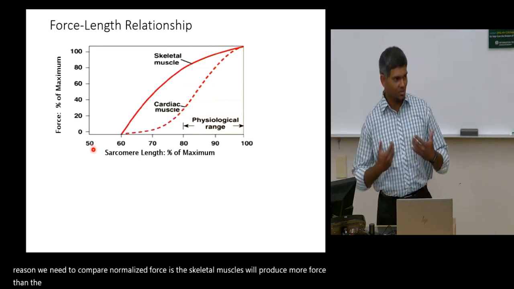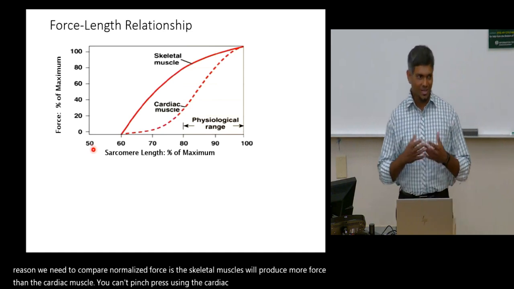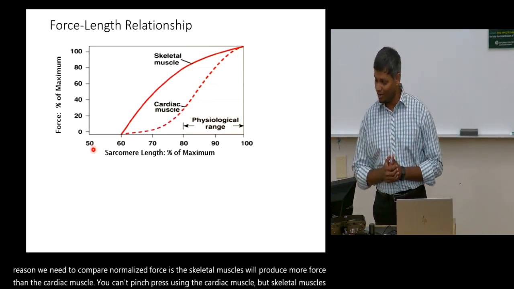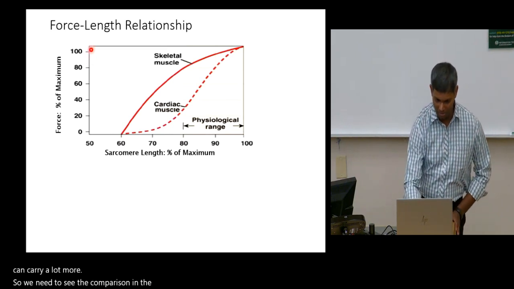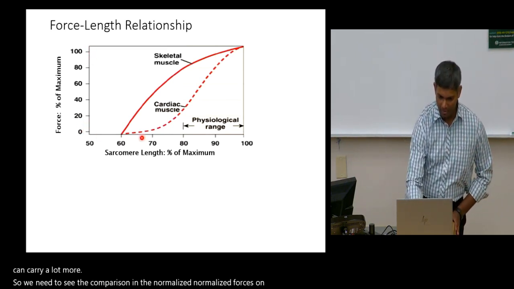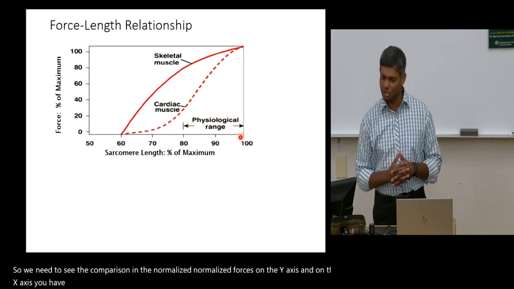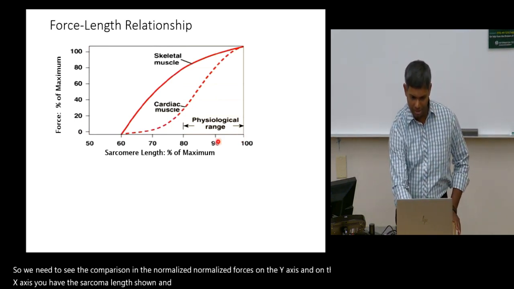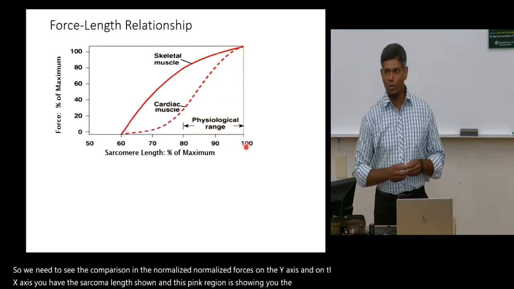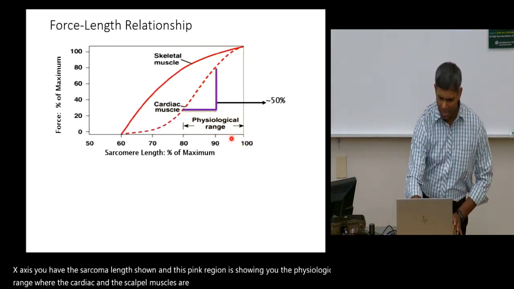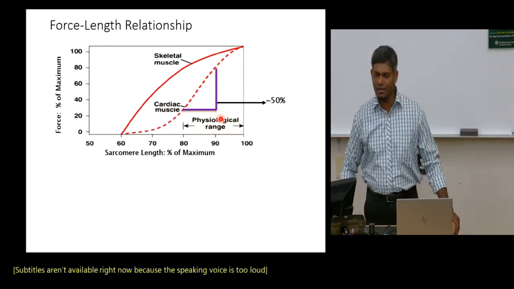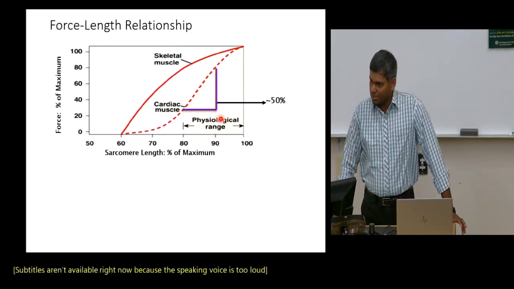You can't bench press using the cardiac muscle, but skeletal muscles can carry a lot more load, right? So we need to see the comparison in the normalized forces on the y-axis, and on the x-axis you have the sarcomere length, and this pink region shows you the physiological range where the cardiac and the skeletal muscles are functioning.